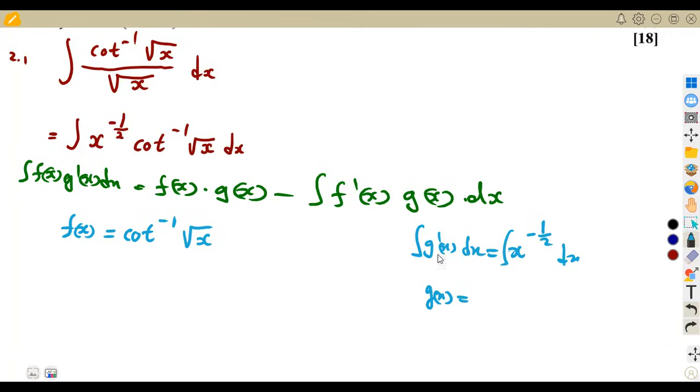From g prime, you integrate to obtain g of x. Remember, for integration we just add a 1 to the exponent, then divide by the new exponent. If we add a 1, that will be x to the exponent of a half. Then we divide by the new exponent, which is a half, so 1 divided by a half is a 2. So that's 2 x to the exponent of a half, which is the same as 2 times the square root of x.